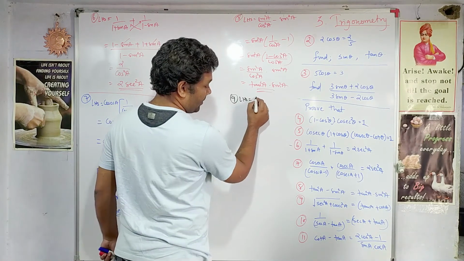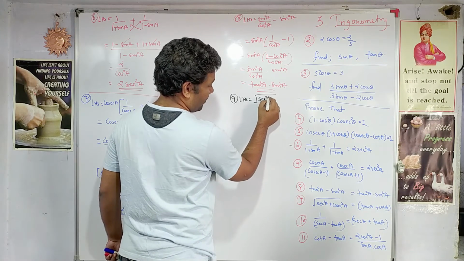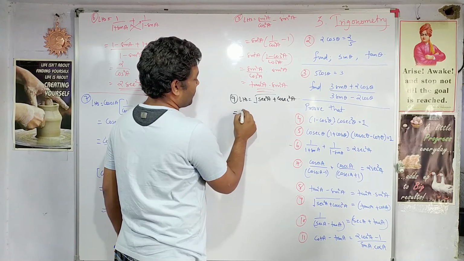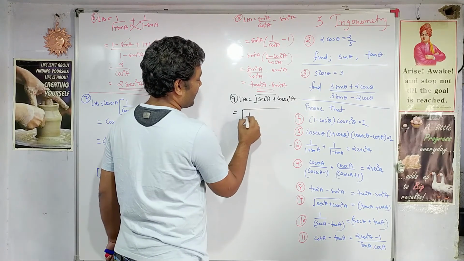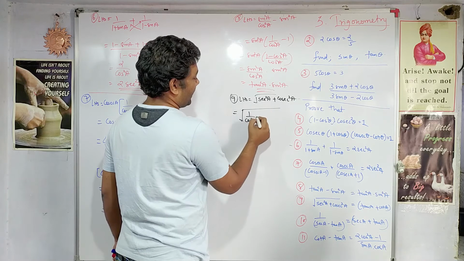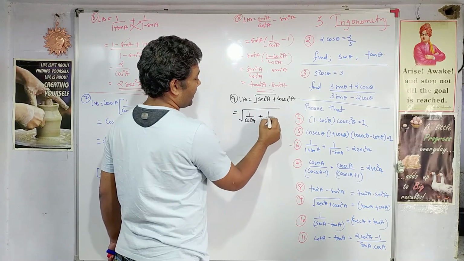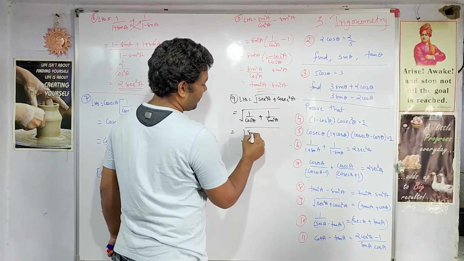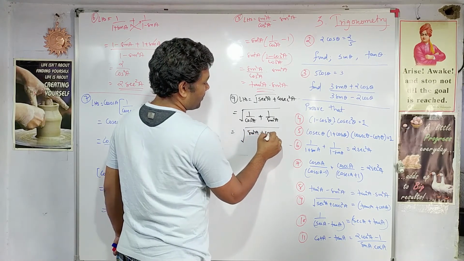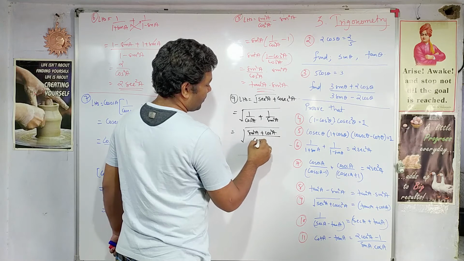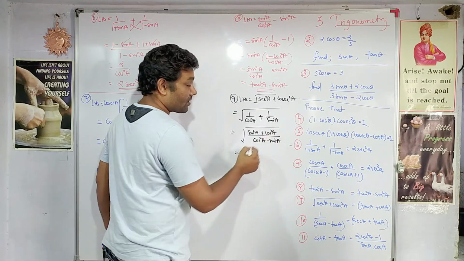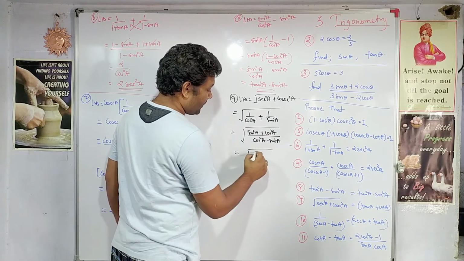So LHS is square root of sec square A plus cosec square A, correct. So again converted into sine and cosine form. Sec can be written as 1 upon cos, cosec can be written as 1 upon sine. Cross multiplication, sine square A plus cos square A upon cos square A dot sine square A. Sine square plus cos square is nothing but 1, square relation.